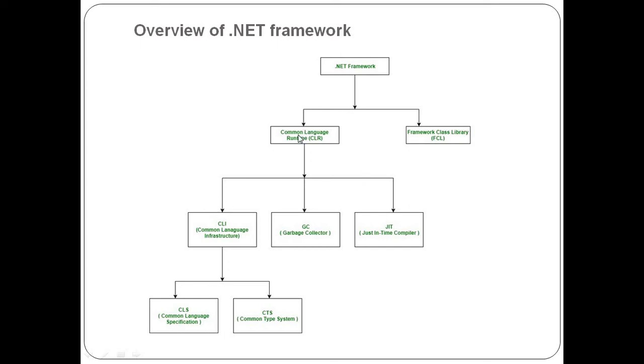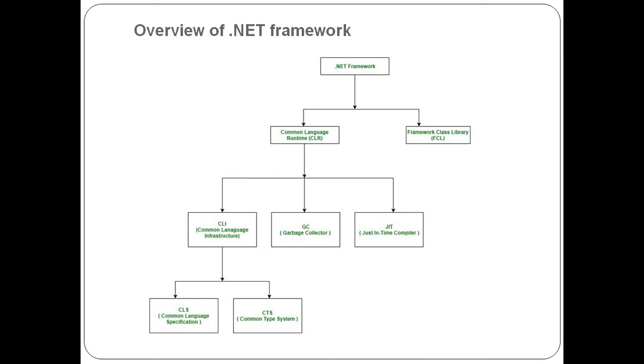.NET Framework contains CLR and class library at the first level. We then have common language infrastructure, we have garbage collector, and we have just-in-time compiler, and at the end we have common language specification and common type system. We'll discuss all these entities in detail.